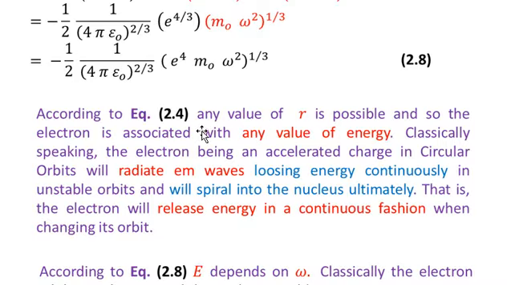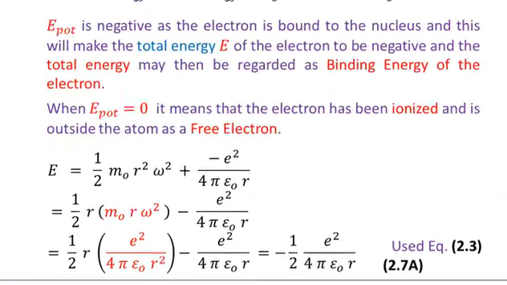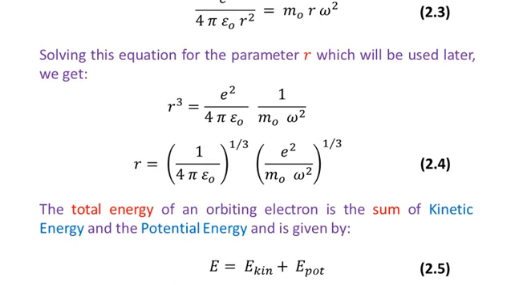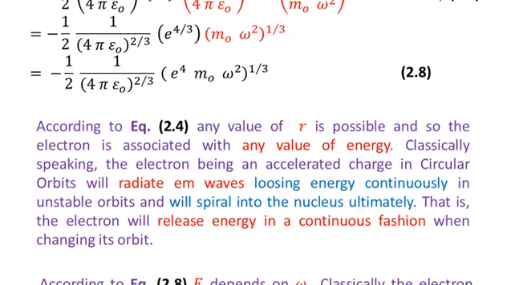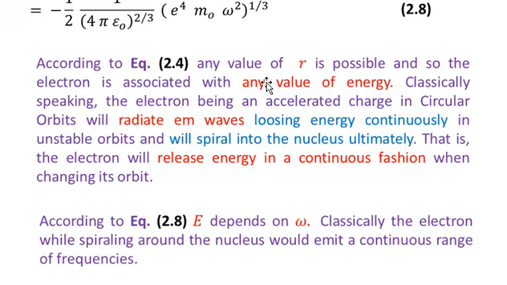According to equation 2.4, let me show you equation number 2.4 once again. This is equation number 2.4. According to equation number 2.4, any value of r is possible, and so the electron is associated with any value of energy.